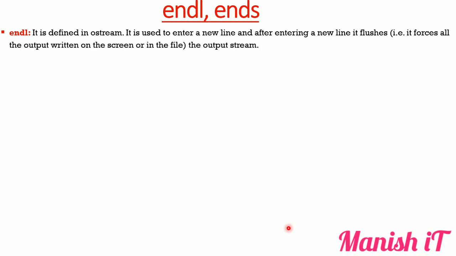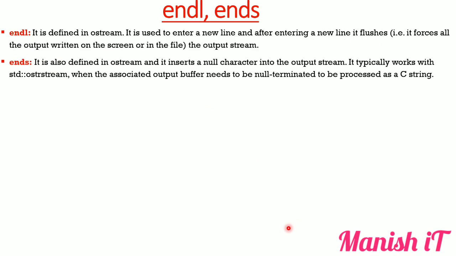ends is also defined in ostream, and it inserts a null character into the output stream. It typically works with std::ostream when the associated output buffer needs to be null terminated to be processed as a C string.